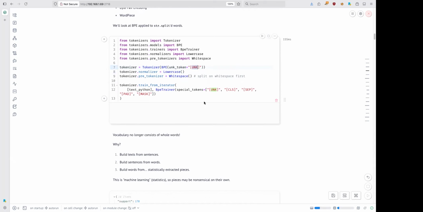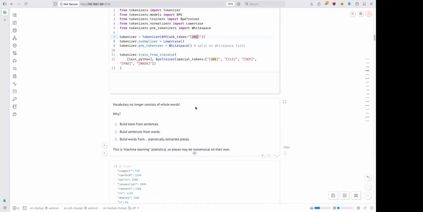And now the idea is that our vocabulary no longer consists of whole words, because we build our words from statistically extracted pieces, statistically meaningful pieces, which are useful for compression in this case.